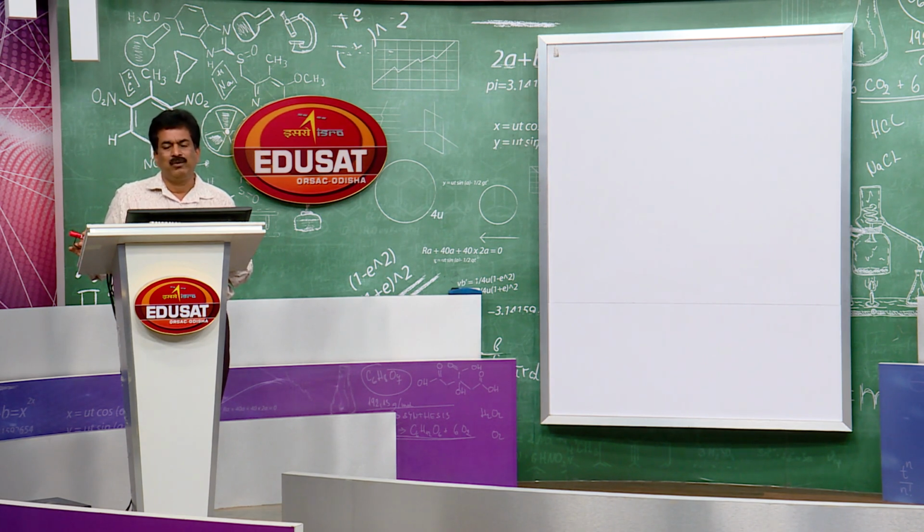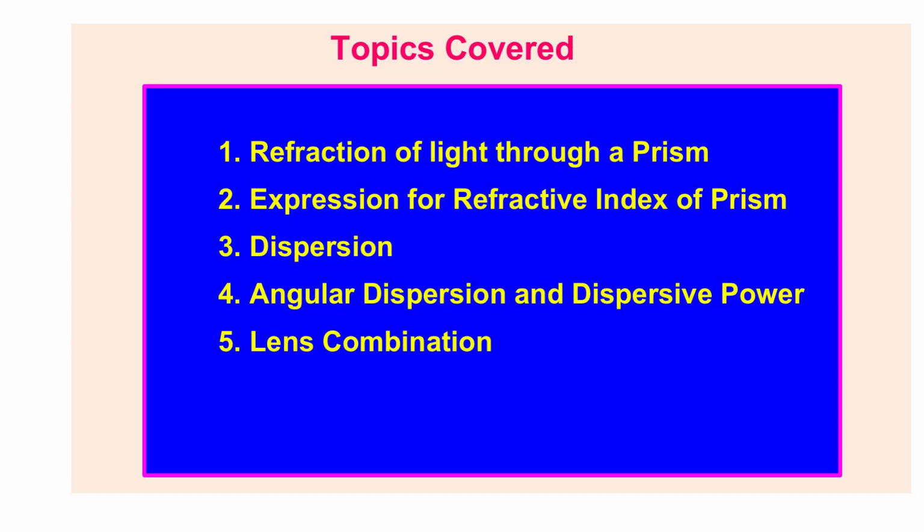Today we are going to discuss refraction of light through a prism, expression of the refractive index of the prism, dispersion, angular dispersion, dispersive power, and lens combinations. Regarding this we will discuss today.